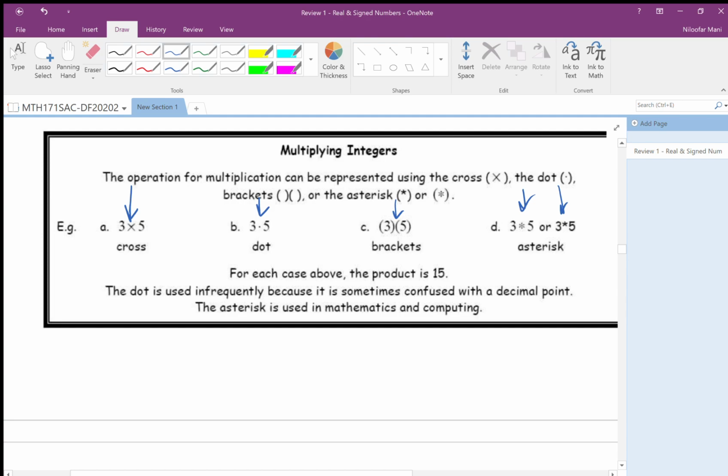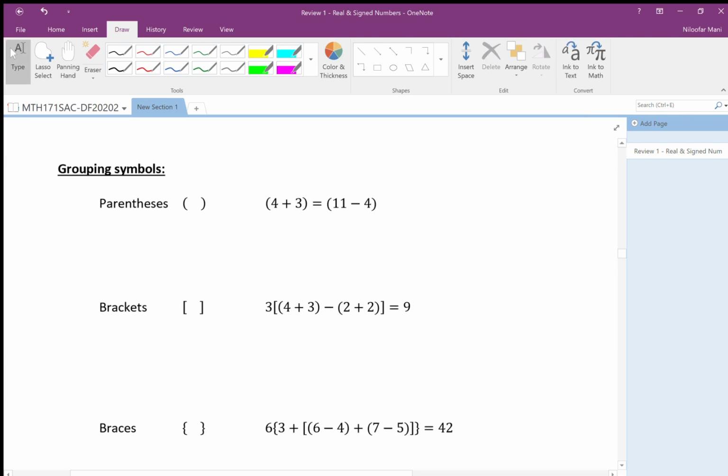These stars we use in computer language, and they all mean multiplication. You don't see stars here in math because we don't write computer language. You see the multiplication sign or a dot or 2 brackets beside each other. It means you are multiplying 2 brackets, or 2 numbers, or 2 results from the brackets.